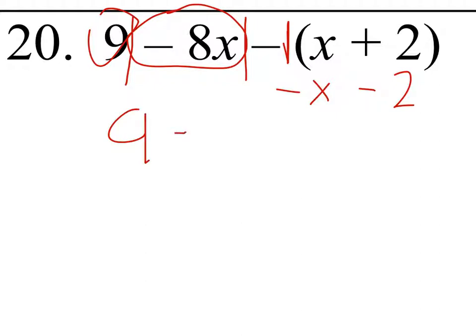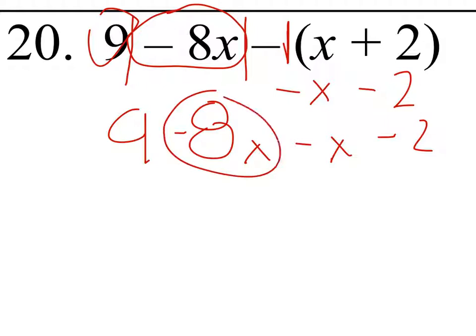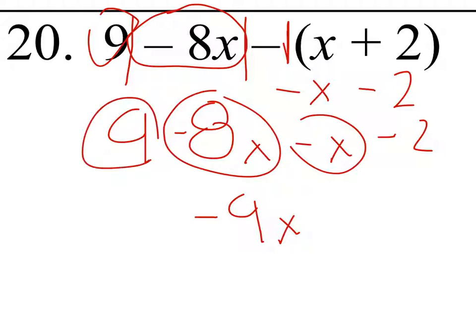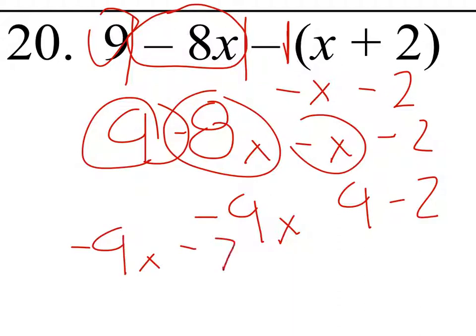So 9 minus 8x minus x minus 2. Since these two are like terms, you're going to do negative 8x minus x, which is negative 9x. And then this one is 9 minus 2 is 7. So it's going to be negative 9x minus 7.